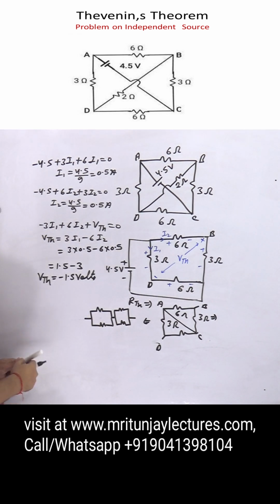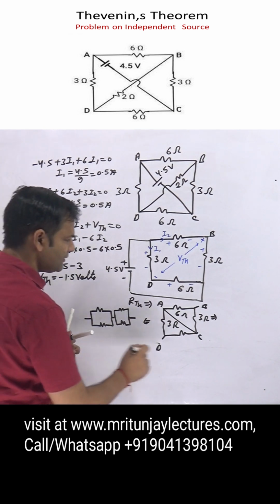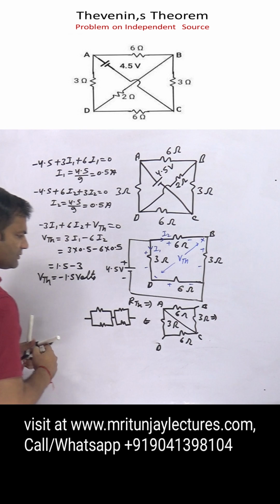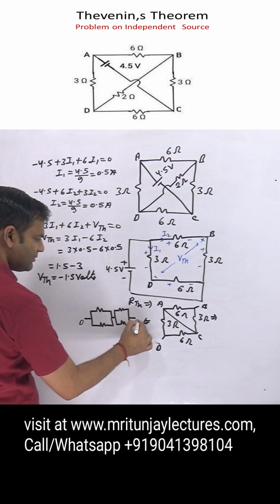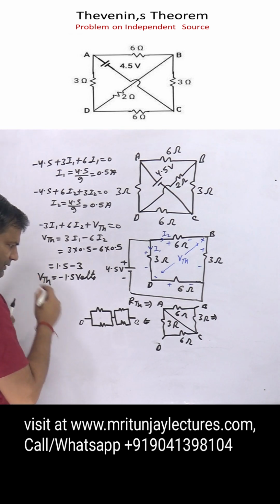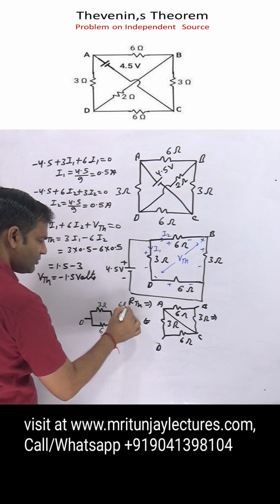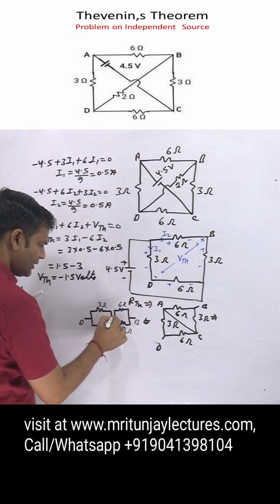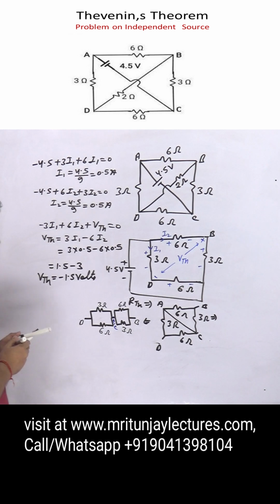Clear? This one is 6 ohm. So our motto is D and here B. Clear? So this one is 3 ohm, here 6 ohm, here 6 ohm, and here 3 ohm, and that point is A and C. Okay, clear?